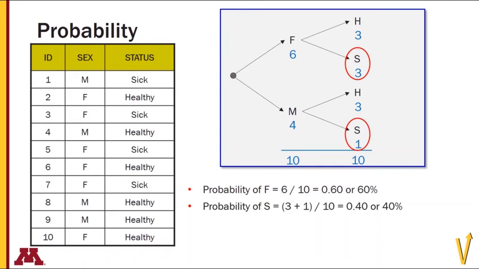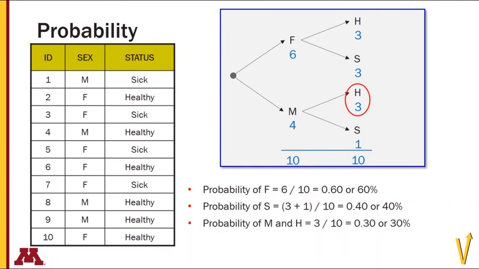And the probability of a male being a healthy individual, what would that be? It would be equal to 0.3 or 30%.